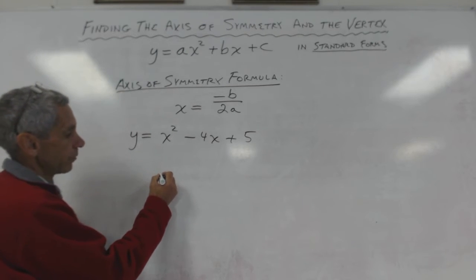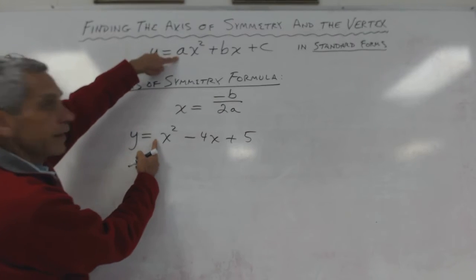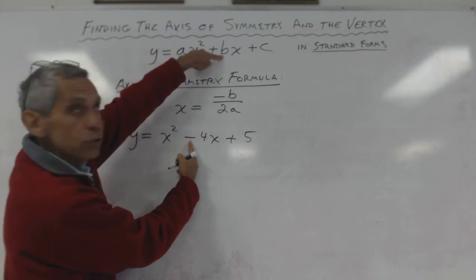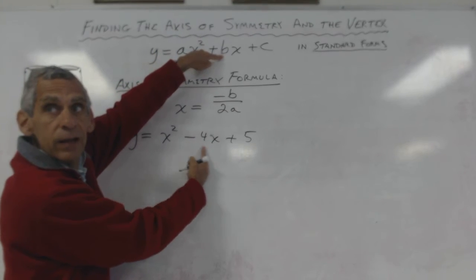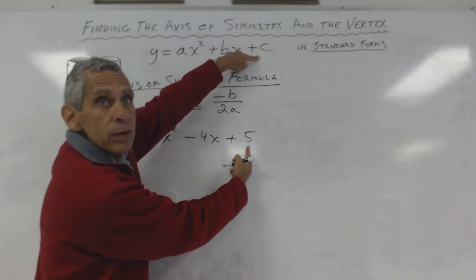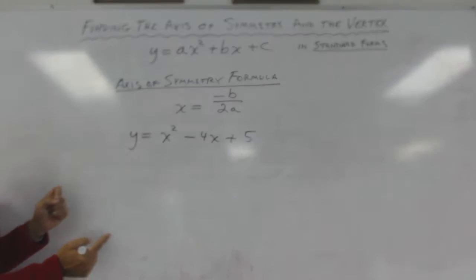Let's review. My a is the number in front of the x squared. My b is the number, including the sign, in front of the x. And my c is the number without an x, including the sign. The signs belong to the numbers.